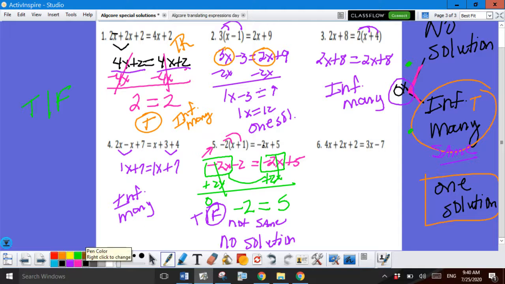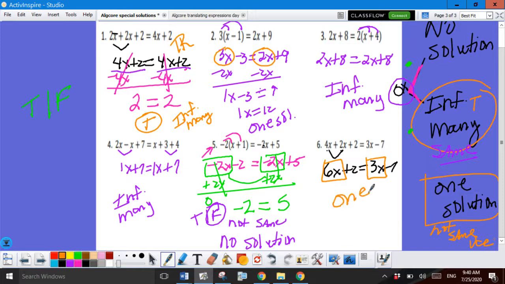Well, how about this last one? This guy is 6x plus 2, and I have 3x minus 7. Is that no solution, infinitely many, or one solution? Well, these two are not the same variables, which means I'm going to come up with one solution.